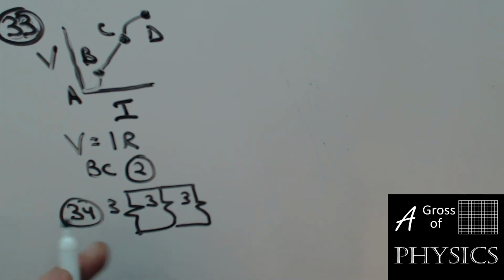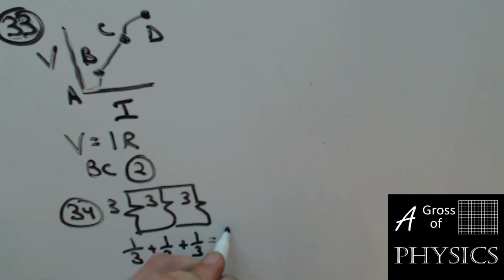We're trying to find the total resistance. So 1/3 plus 1/3 plus 1/3 is 3 over 3, which is 1 over R. When we find the reciprocal, R is 1 ohm, which is choice 1.